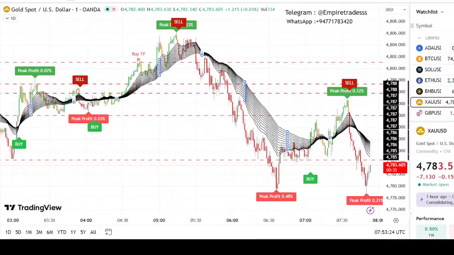Including gold in a diversified investment portfolio can reduce overall risk. Its price movements are often inversely correlated with other asset classes, such as stocks and bonds. Gold can also experience significant price volatility, presenting opportunities for traders to capitalize on price swings through both short-term and long-term positions.